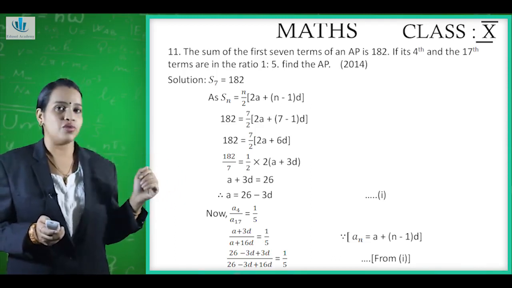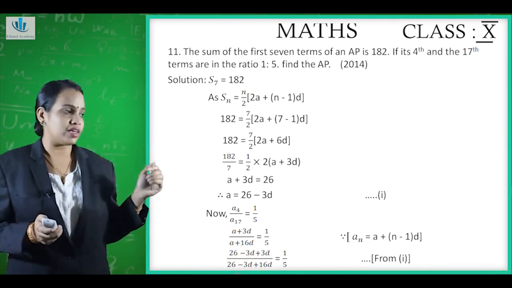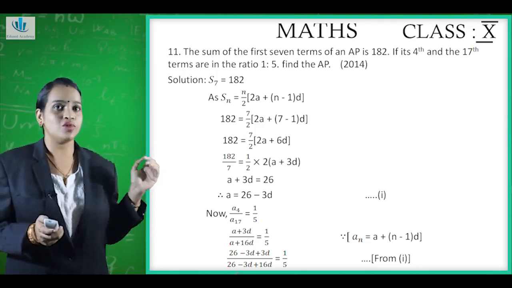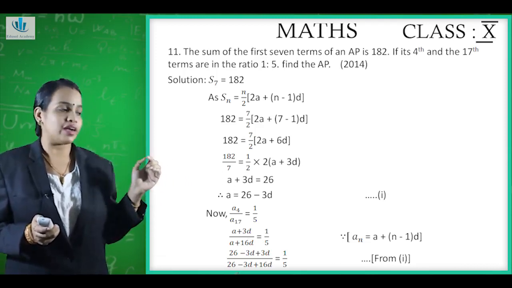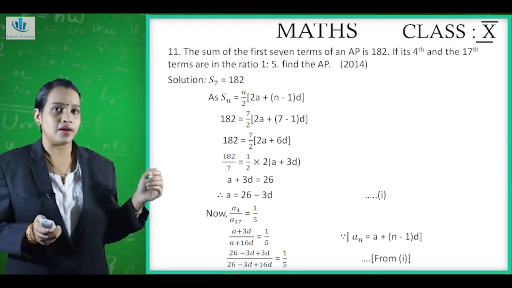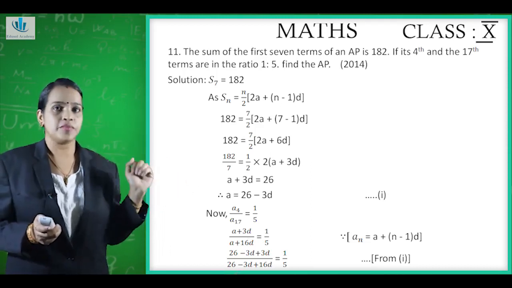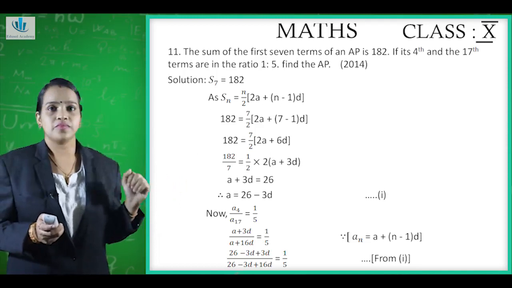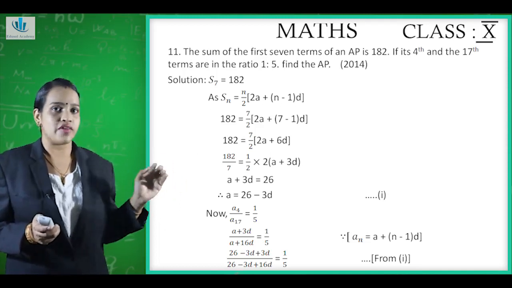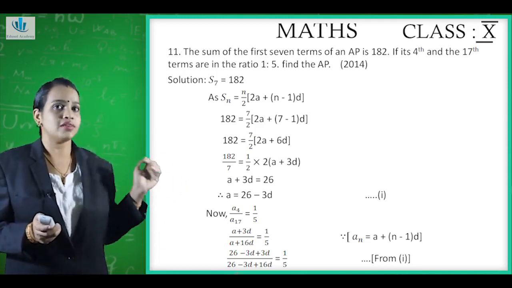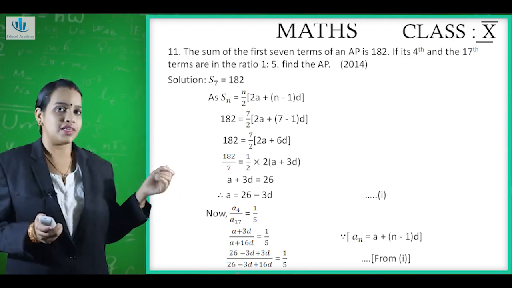Now we will put the value of n as 7, so 182 is equal to 7 upon 2 into 2a, we don't know the value of a, plus 7 minus 1 into d. Even we don't know the value of d. 182 is equal to 7 upon 2 into 2a plus 7 minus 1, 6d.